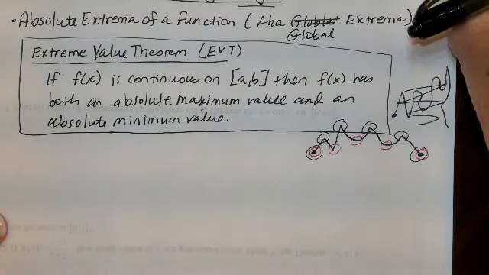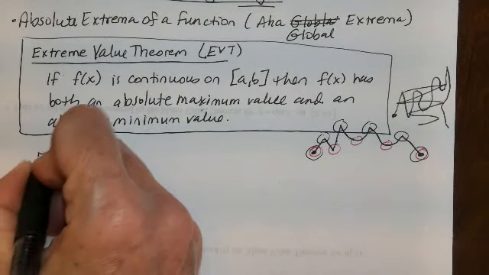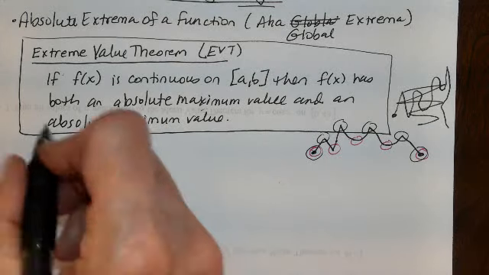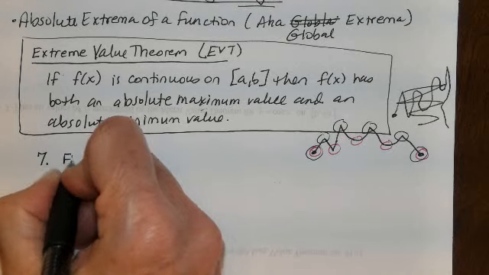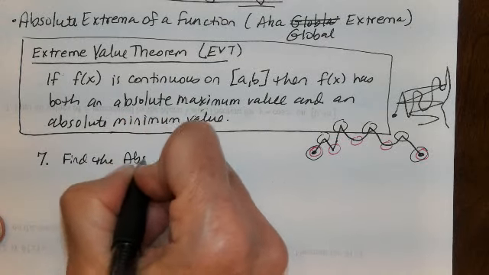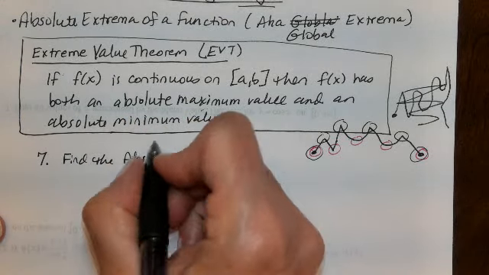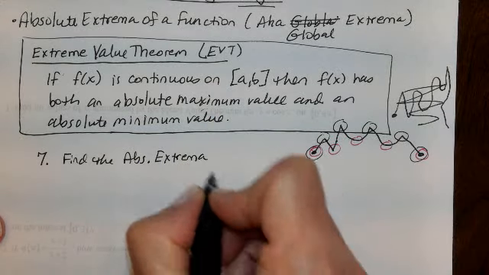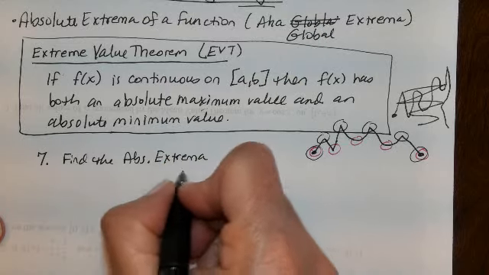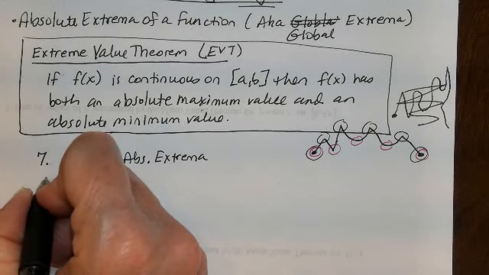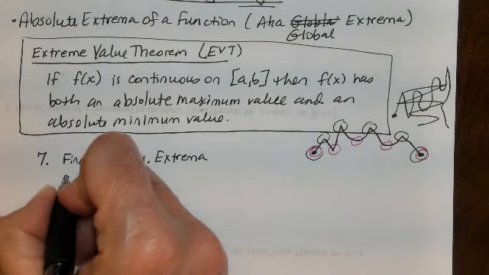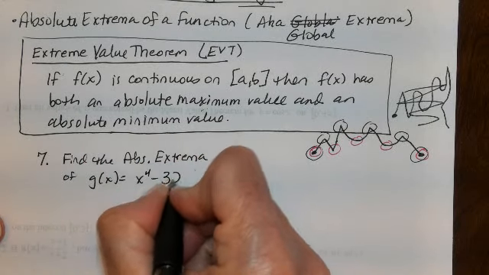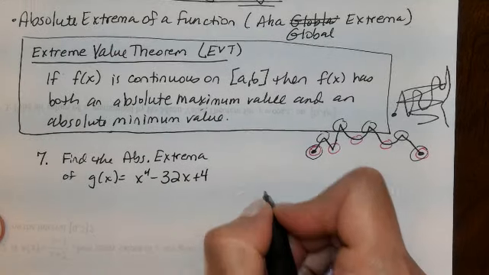So this is example 7, continuing from last time, since I've just finished the last notes. In this one, I'm just going to say find the absolute (ABS) extrema of each function. So let's say g of x is equal to x to the 4th minus 32x plus 4.